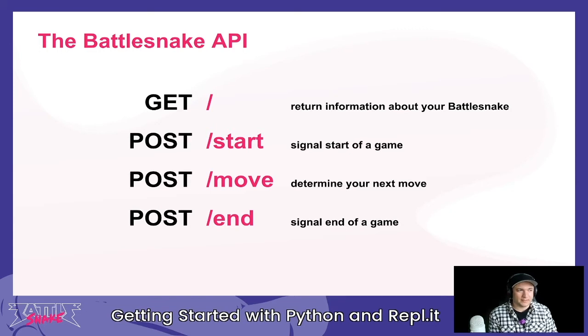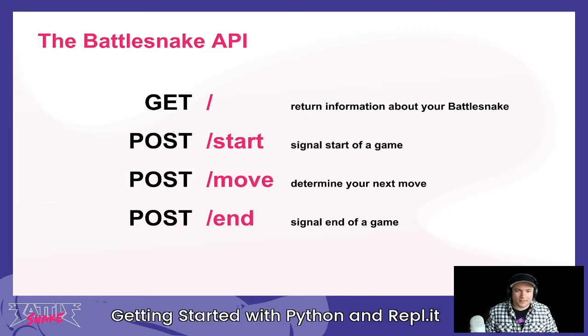It'll say things like who you, the author, are, what version of the API you implement, and you also can choose what color your snake is going to be on the board, what head skin you're going to use, what tail skin you're going to use, and there's some other information there as well. But that just lets the game engine know a little bit about your snake and make sure that it's alive and healthy and operating, and it's implementing the API the way it should be.